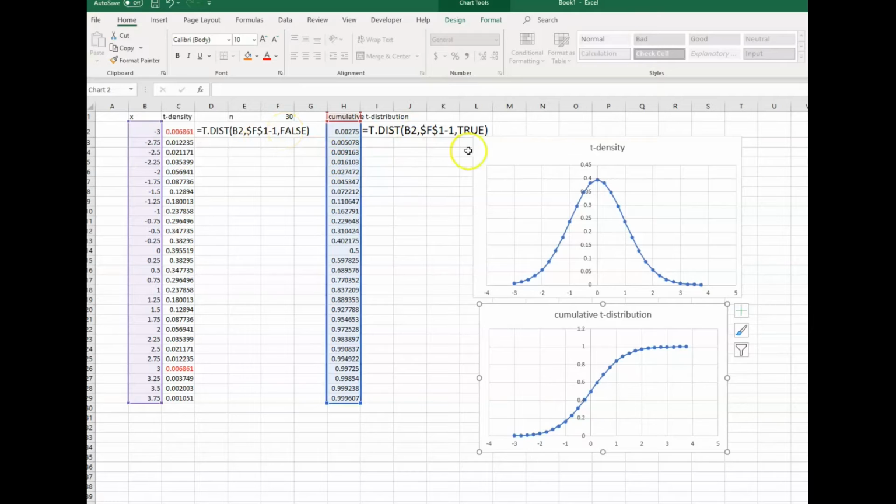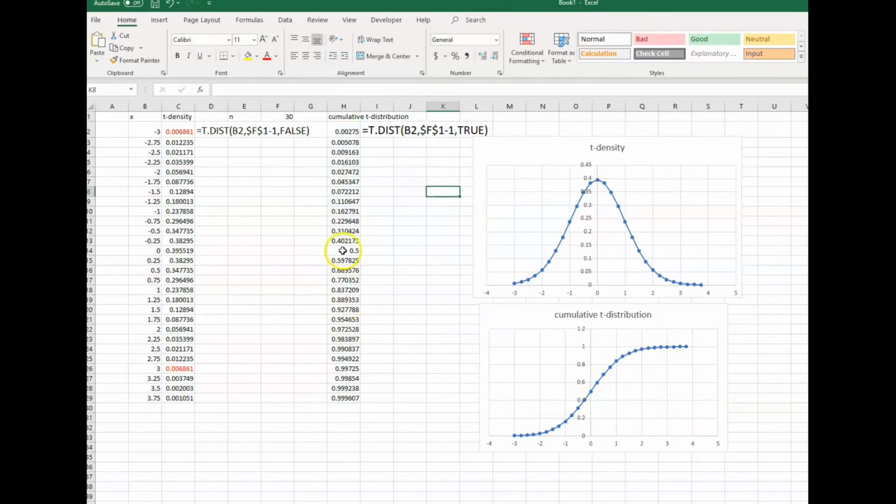The only difference is FALSE and TRUE. When the last input takes a value of FALSE, we are talking about density. When the last value is TRUE, we have the cumulative. And like the normal, you see at 0 it is 50%, so it's symmetric.